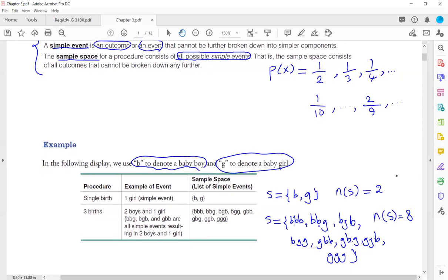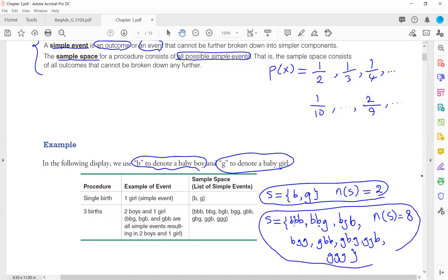In the first sample space, you only have 2 outcomes. In the second sample space, you have 8 outcomes.